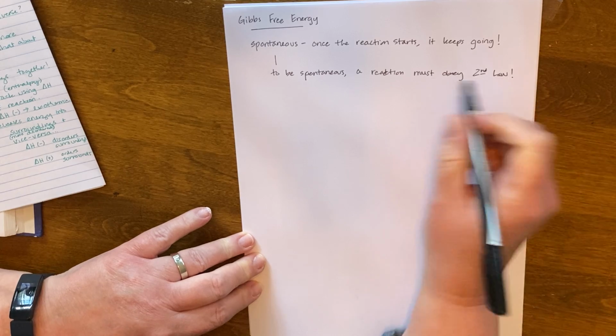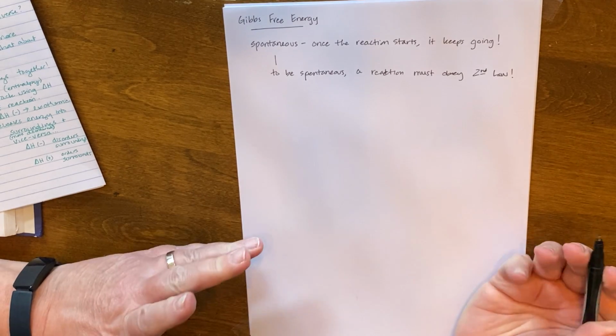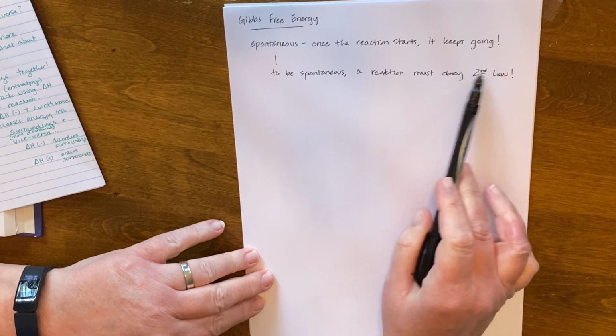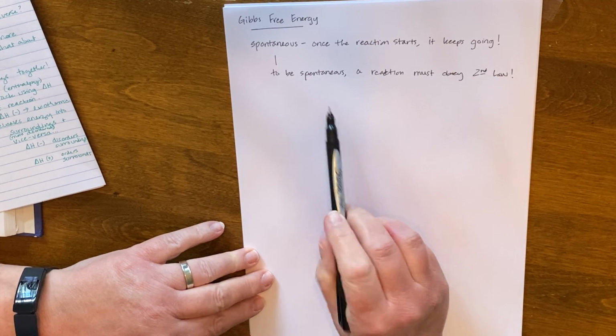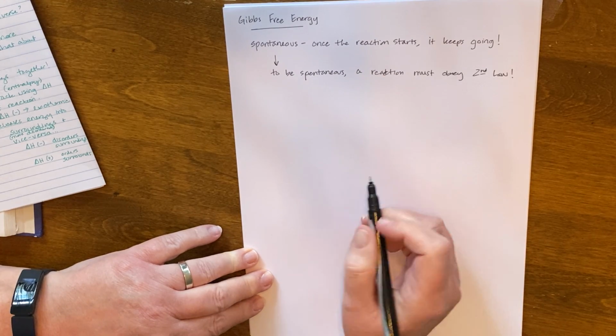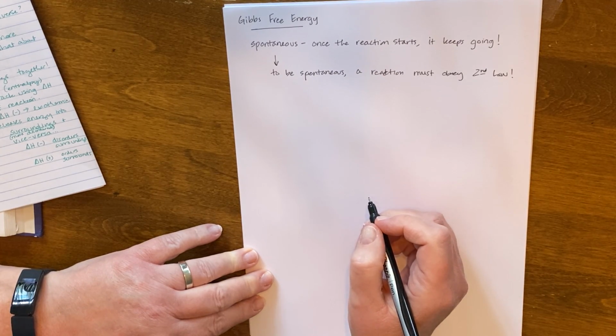Okay, if it doesn't obey the second law, the reaction isn't going to happen, because we know things have to obey the second law. So to be spontaneous, to keep going, the reaction must obey the second law of thermodynamics.